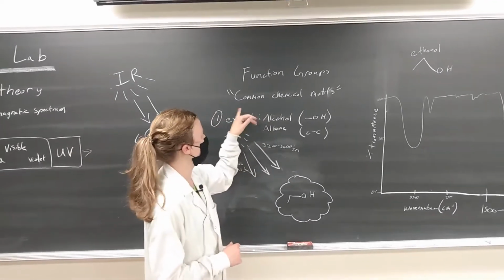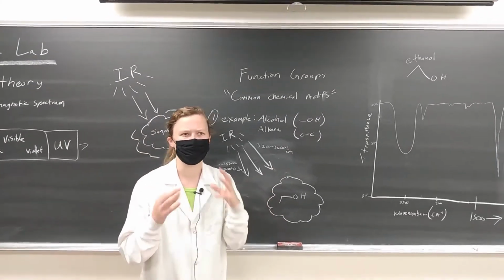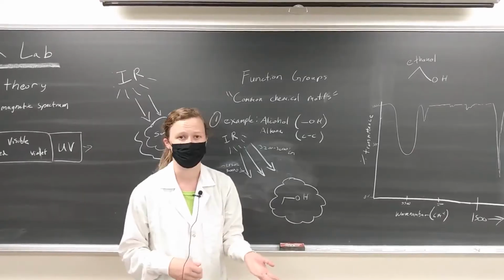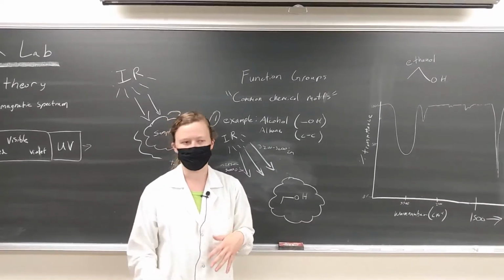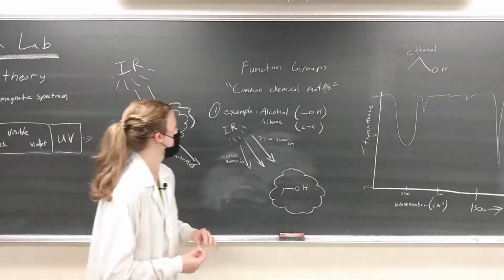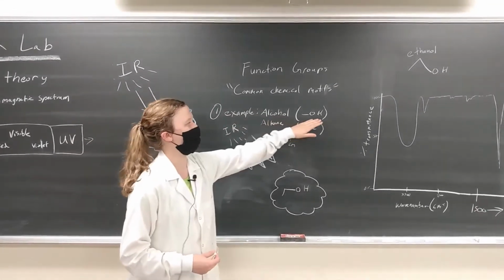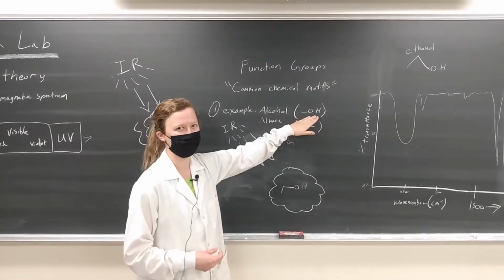So a functional group is just a common chemical motif, right? It's something like a repeated pattern, a certain arrangement of atoms that we see in a bunch of different molecules. And they all have a bunch of fancy different names, and you're going to start learning those as you go through organic chemistry and get more familiar with them. But let's look at one example really quick, okay? Let's look at an alcohol or an OH group. So this is a very common chemical motif.